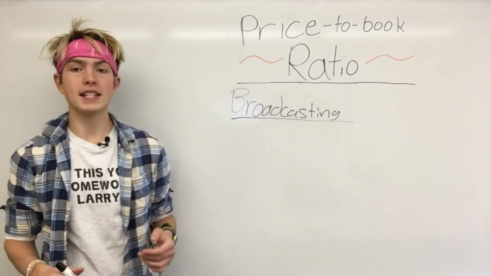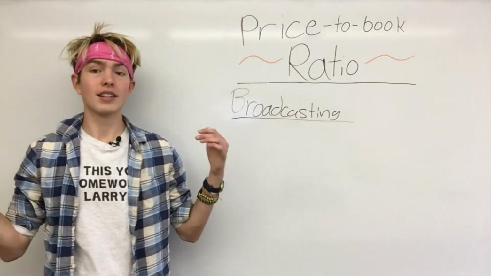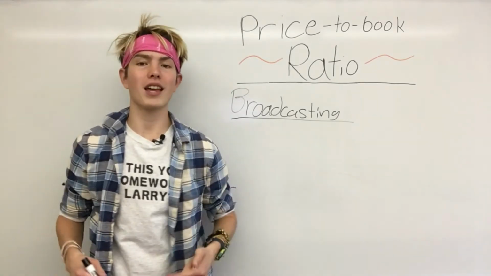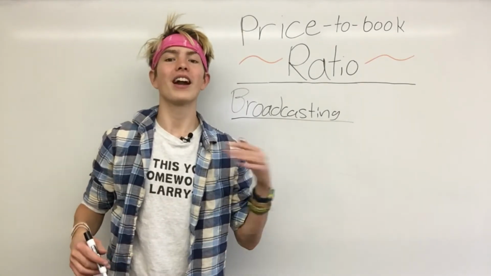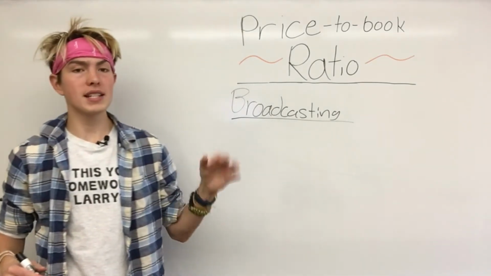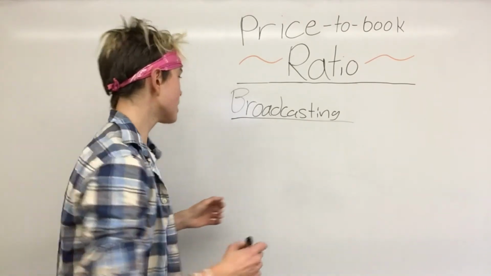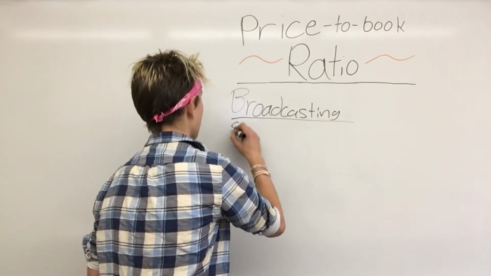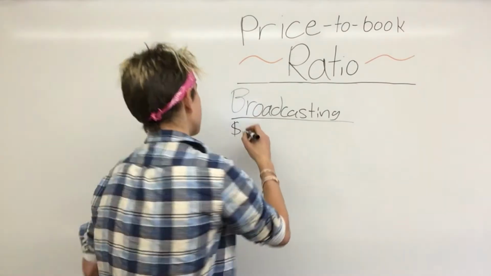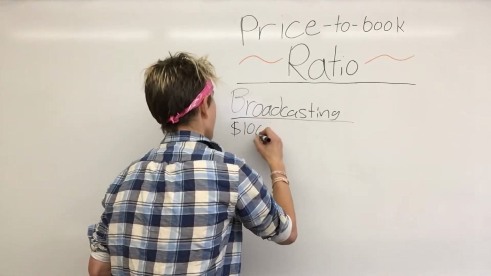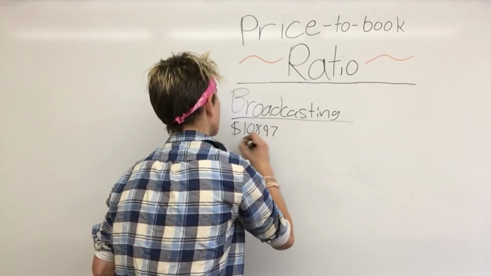So everybody knows Disney. They make the Disney movies, they've got the Disney Channel, they've got Disney Radio, they've got all that good stuff. So we're going to look at Disney, and as of me filming this video, their current price is sitting at about $108.97.